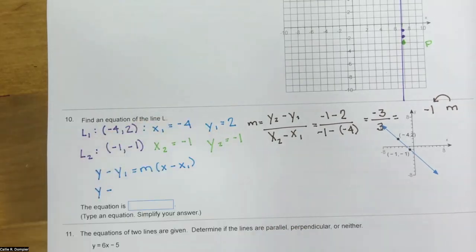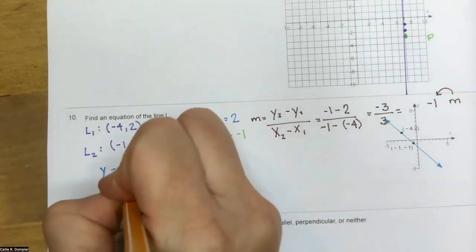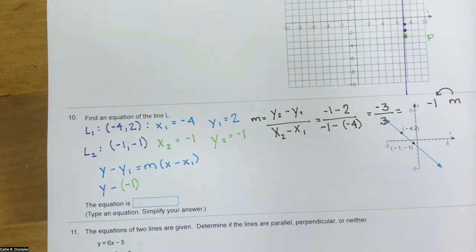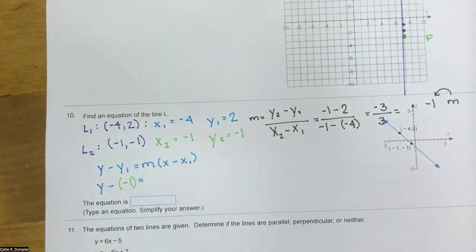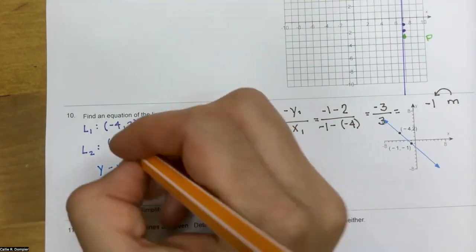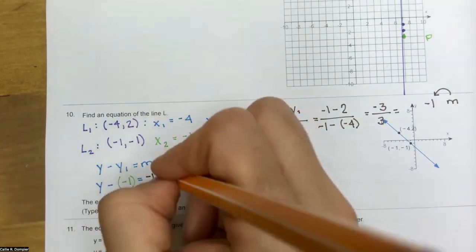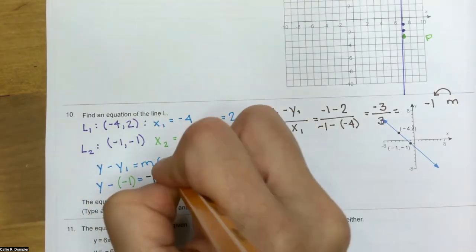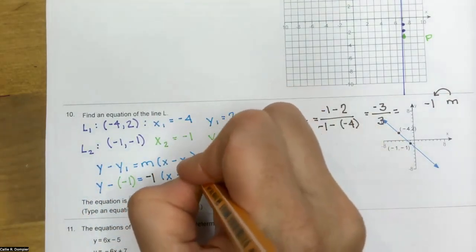So y minus, it says that y2 was -1, equals, what's our slope? Our slope is -1, times x, minus, and then our x2 was also -1.